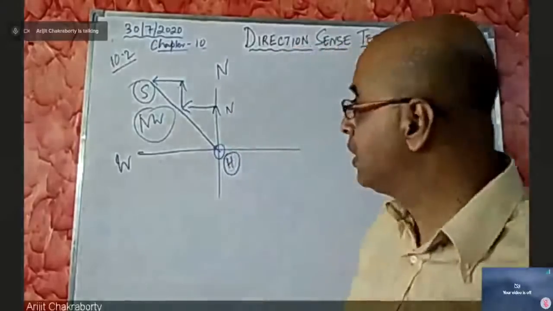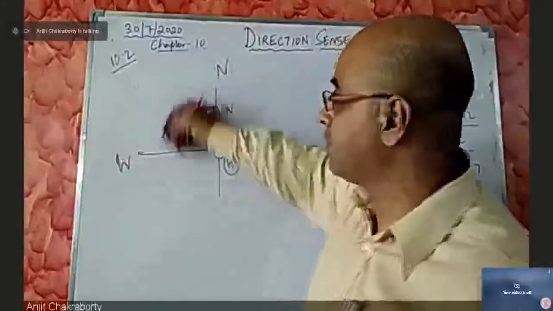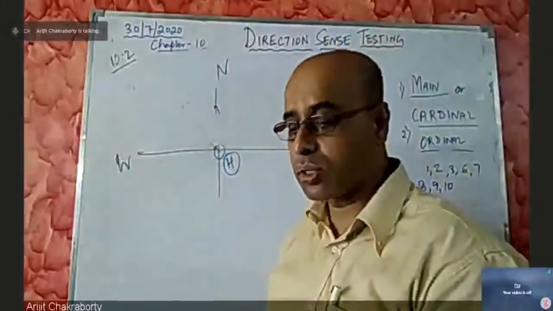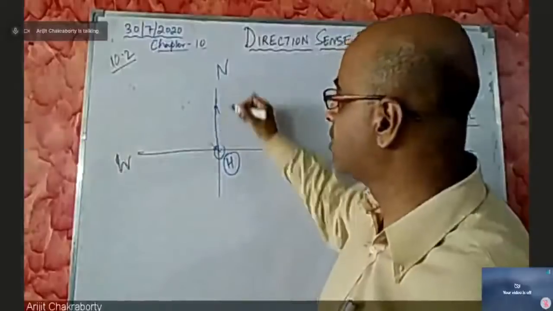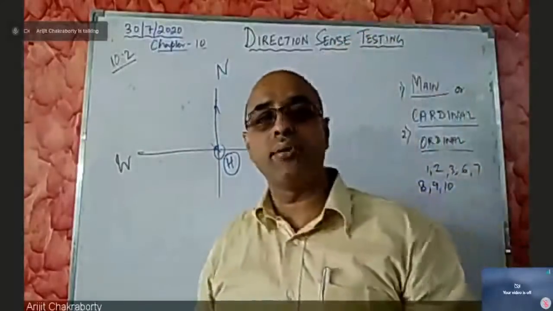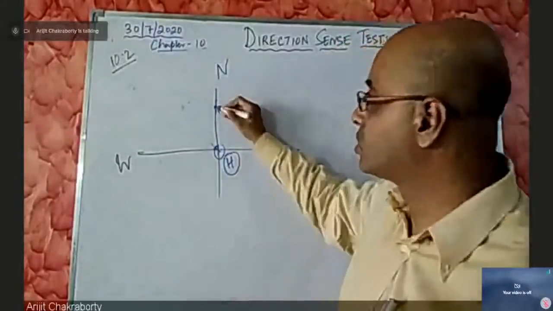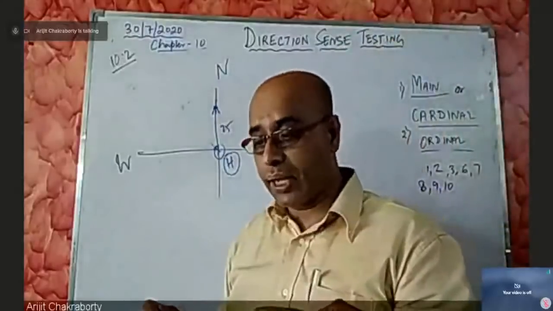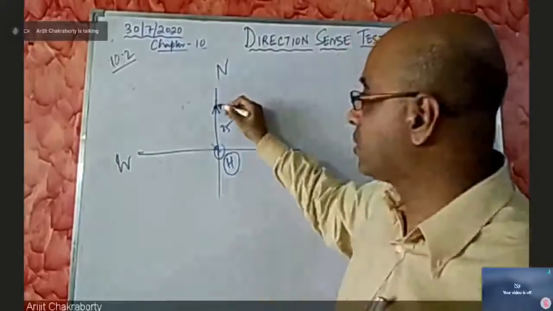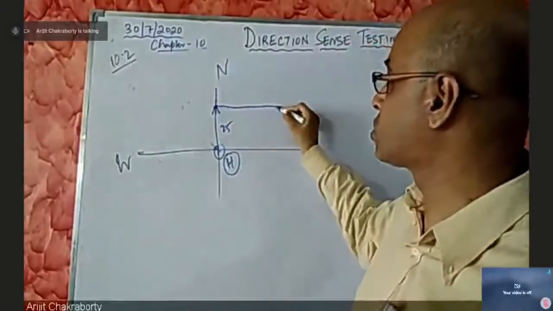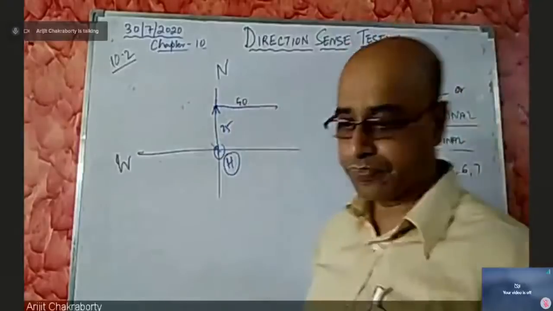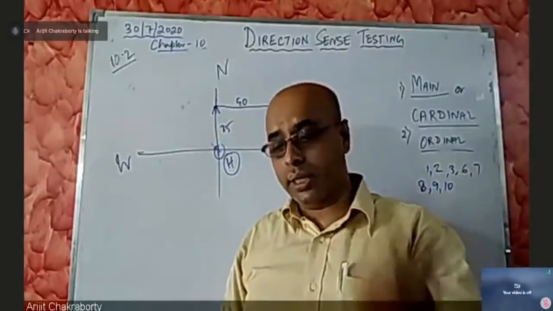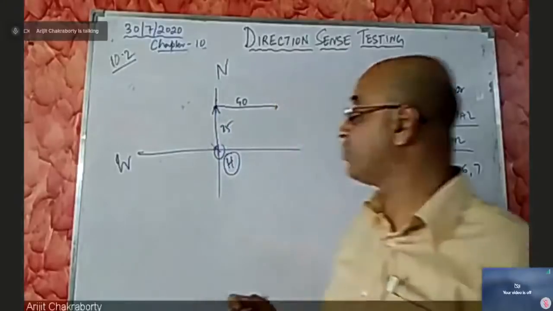Let's check number 10. The 10th question says that a child walks 25 feet towards the north, turns right and walks 40 feet, and turns right again and walks 45 feet.